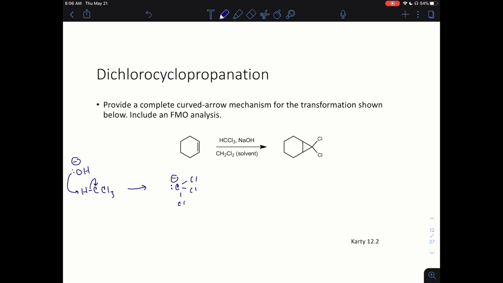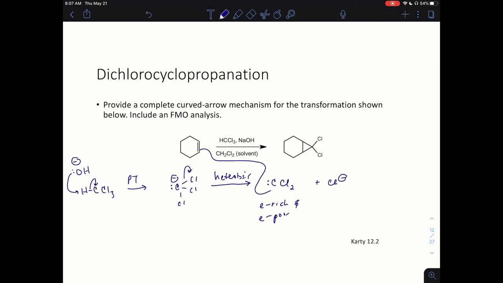From here, one of these carbon-chlorine bonds can break in a heterolysis step to form dichlorocarbene and chloride. The dichlorocarbene is both electron-rich and electron-poor all at the same time. It's an example of one of these amazing electrophiles that we're discussing today.